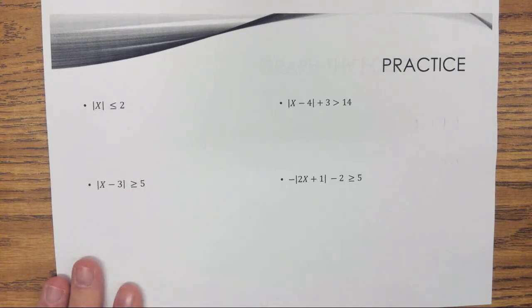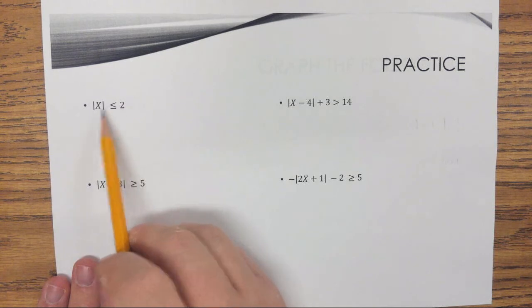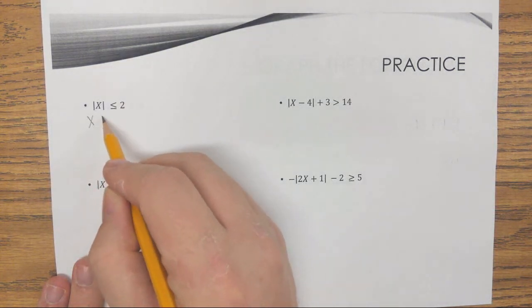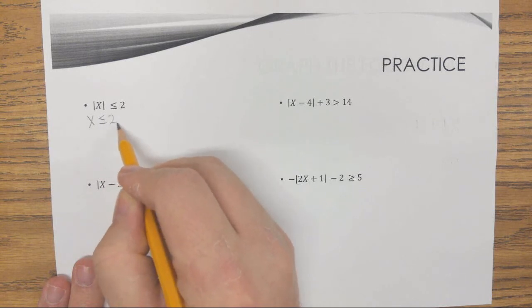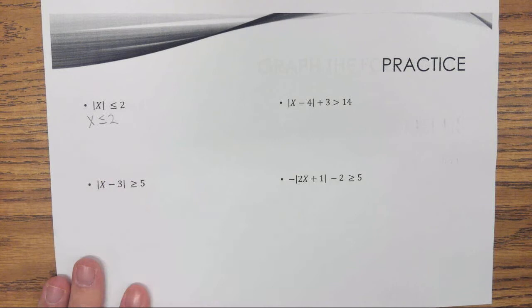Alright, so here's this one. First thing I'm going to do is copy this down, because that's essentially one of my solutions. So x is less than or equal to 2.